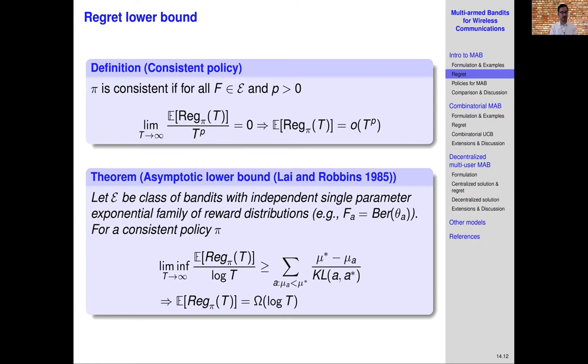This means that any consistent policy should explore suboptimal arms at least logarithmically many times in order to minimize its regret. The constants that appear in the asymptotic lower bound depend on the suboptimality gap and also the KL divergence between the distributions of the optimal and suboptimal arms.